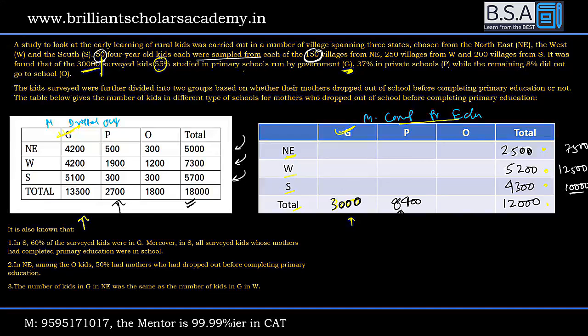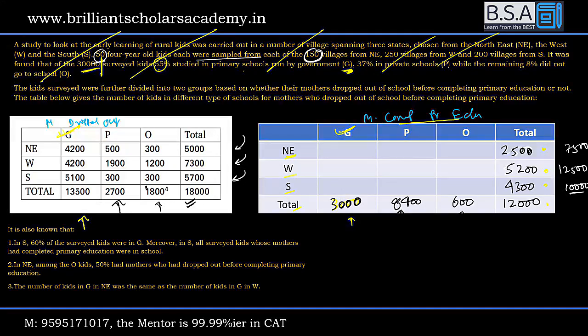All I am doing is matching the data given to me through percentage and values. 8% of the children must be outside the school. What is 8% of 30,000? That is 2,400. This number and this number must add up to 2,400, 600. So far, we have managed to read and use all this information, so we don't have to go back anymore.